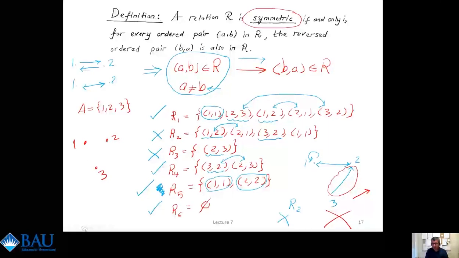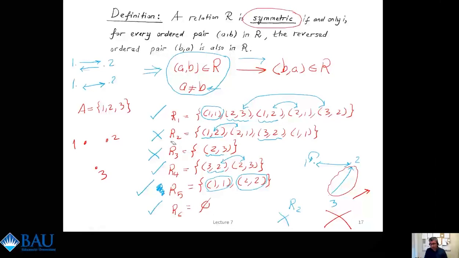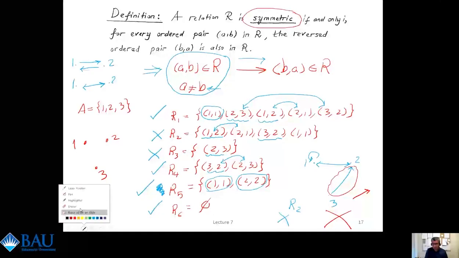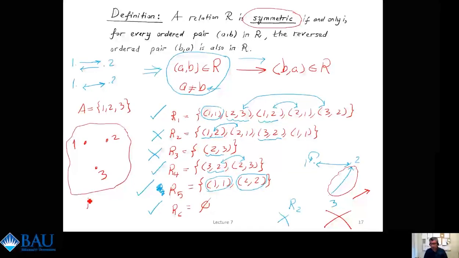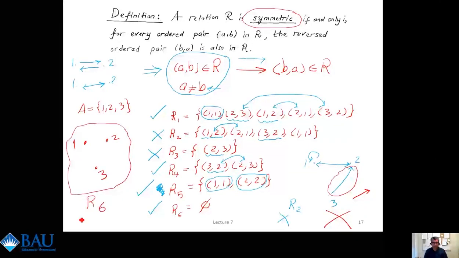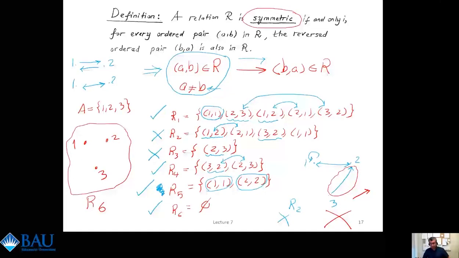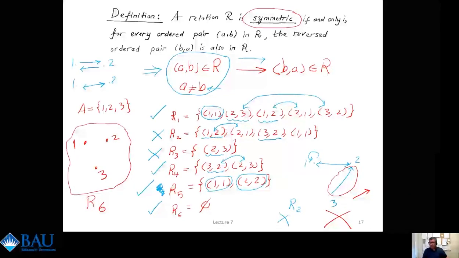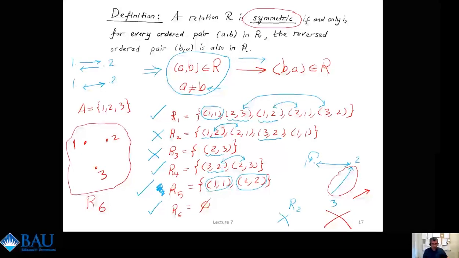Now I want to draw R6. This is R6. Now, is that symmetric? To answer about the symmetric, do we have any one-sided arrow here?